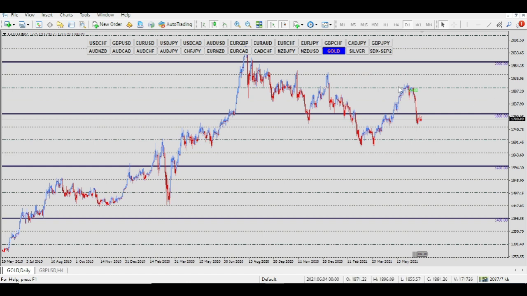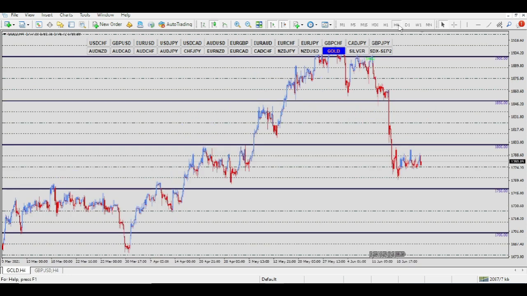And gold. I love trading gold. You can see we are at a psychological level there, 1800. My money is actually on us going down to around 1750 first.